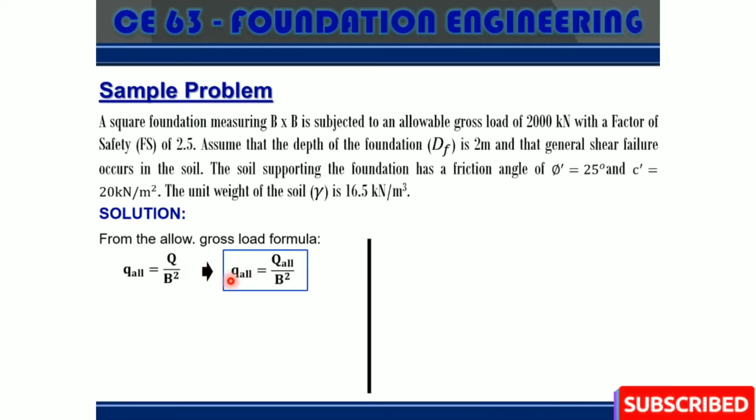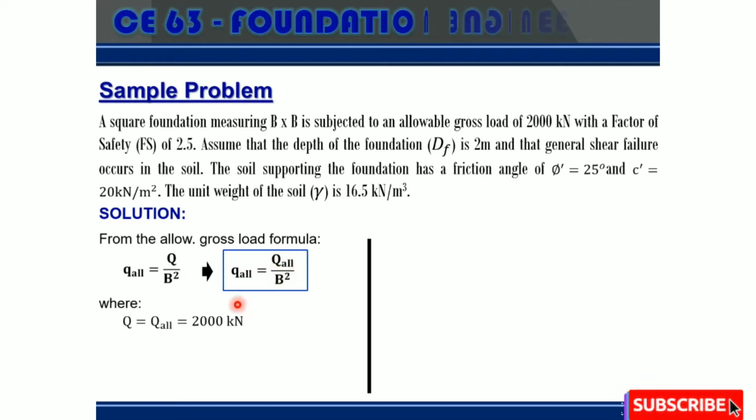We used this formula in our previous lecture video regarding the Terzaghi bearing capacity theory, but in this problem we are going to assign this capital Q equal to Q allowable, and then our capital Q is just equal to capital Q subscript allowable, equal to 2000 kilonewton as given in the problem.